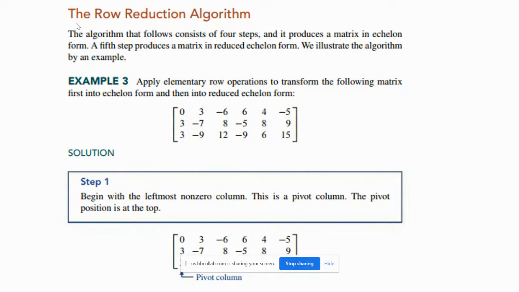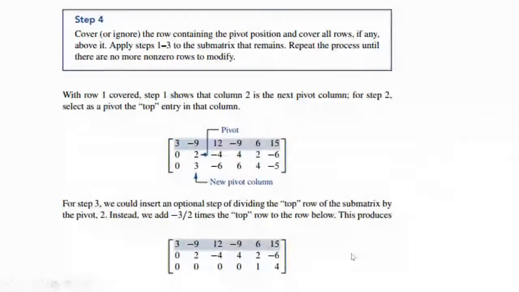So this is the row reduction algorithm. And by the way, this algorithm is not going to surprise you at all. So step one, you begin with the leftmost non-zero column, and this is a pivot column. So it's at the top.